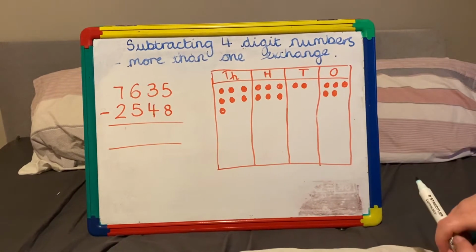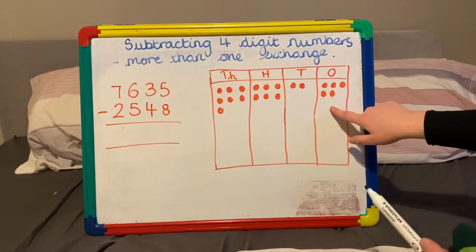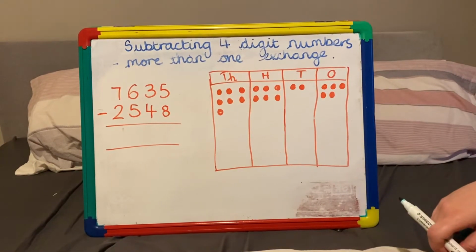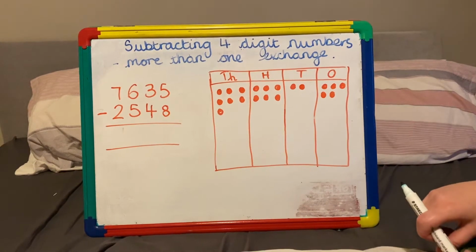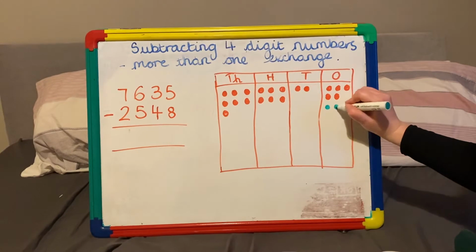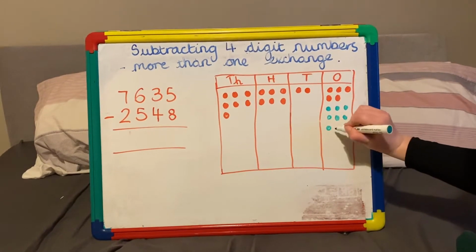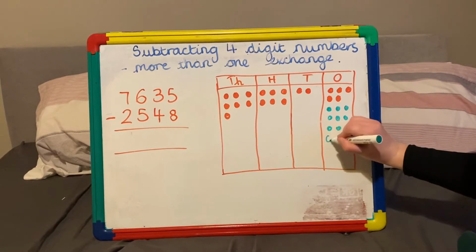One tens counter has a value of 10. So when I put it into the ones column, I'm going to need 10 of those counters to make the same value. So I'm going to put those in. 1, 2, 3, 4, 5, 6, 7, 8, 9, 10.